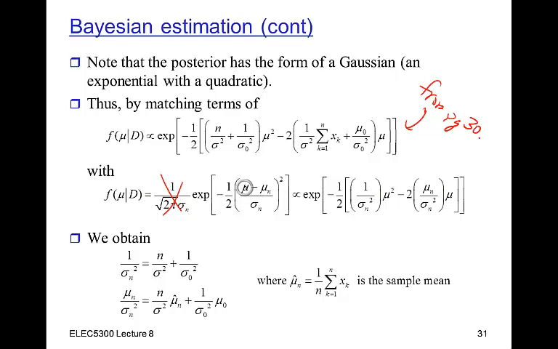Again, I'm only interested in the terms that contain mu. So I get minus 1/2 times mu squared divided by sigma n squared, minus 2 times mu n times mu divided by sigma n squared.